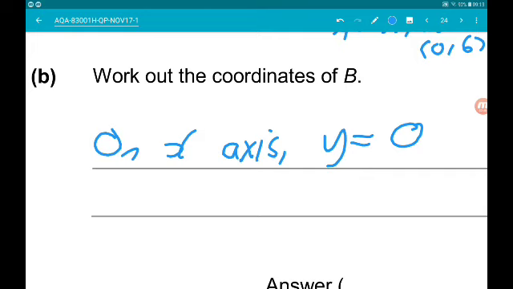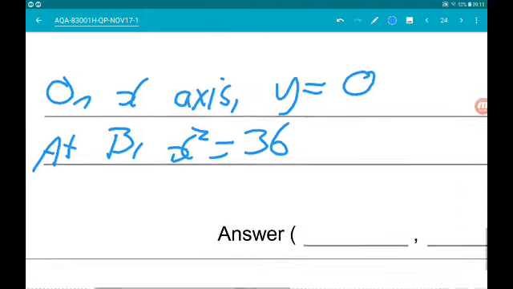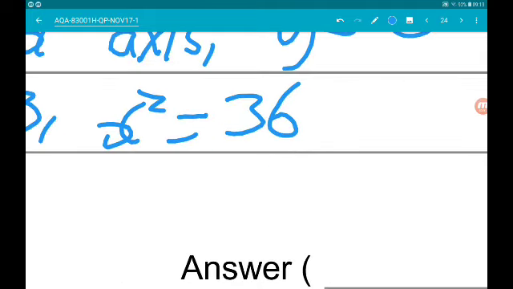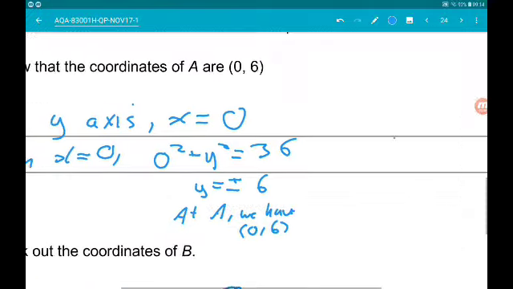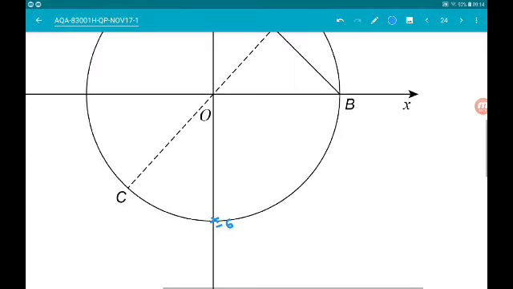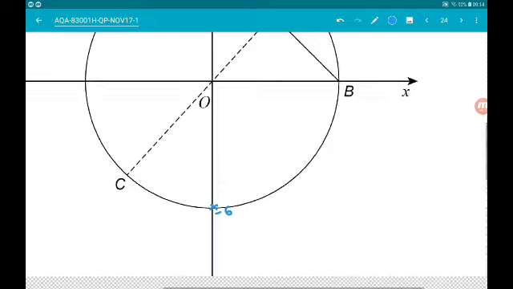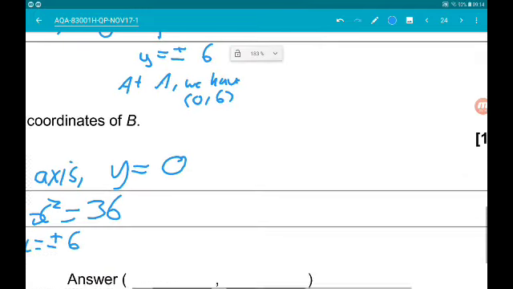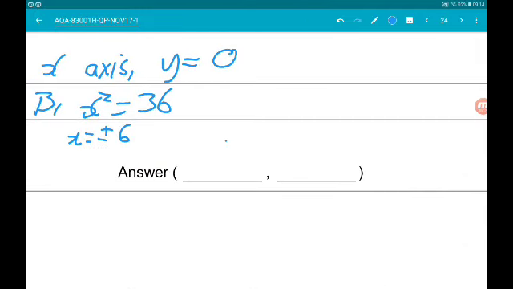So at B, x squared add 0 squared, so 0 is 36. So x is positive or negative 6. At B though, we can see B is on the positive x-axis, so it's going to be 6, 0. Cool.